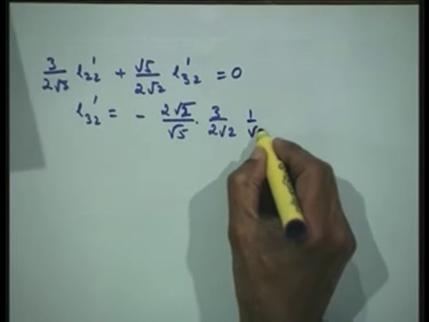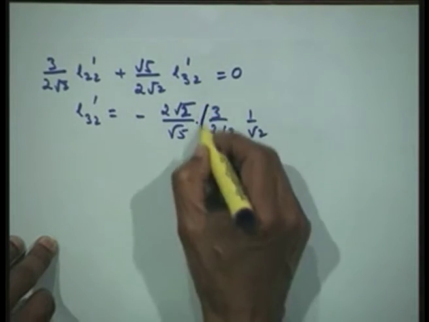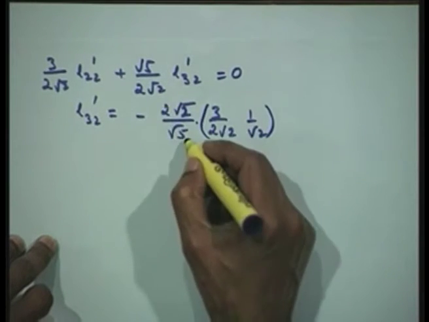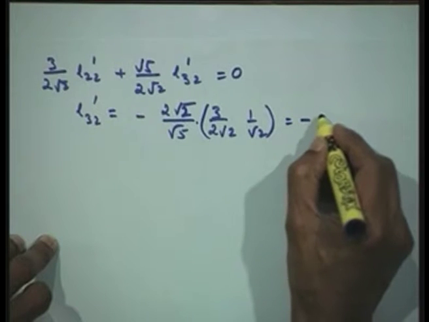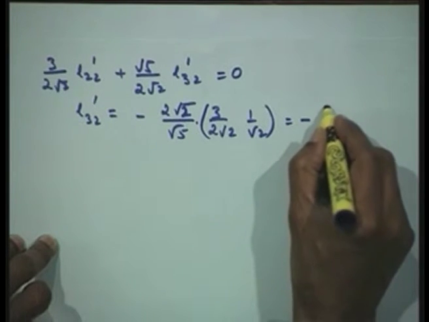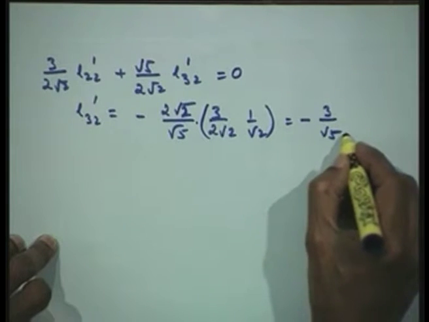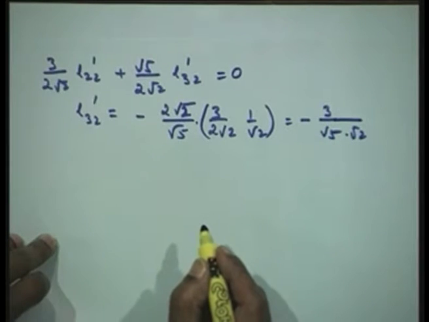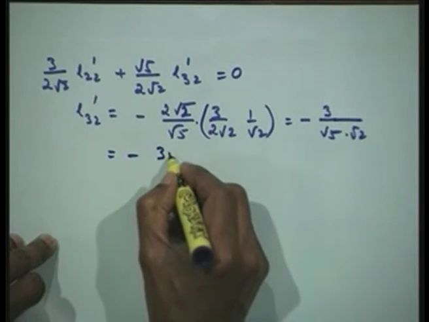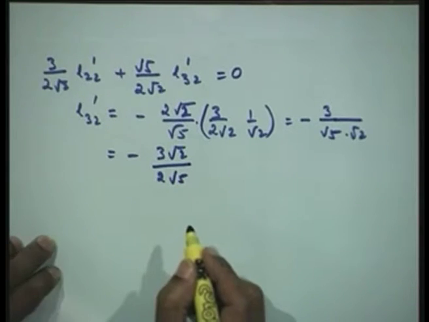L22 dashed is equal to 1 upon root 2. Right, this is a factor I have written, this 2 root 2 upon root 5, and this one. So this gives us minus 3 root 2 by 2 root 5.